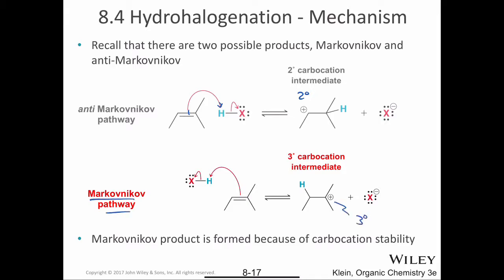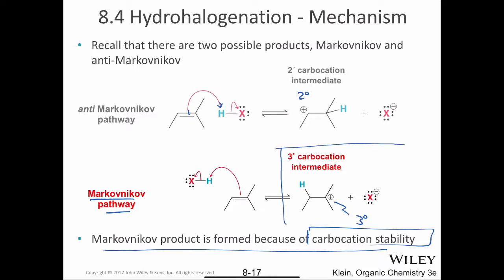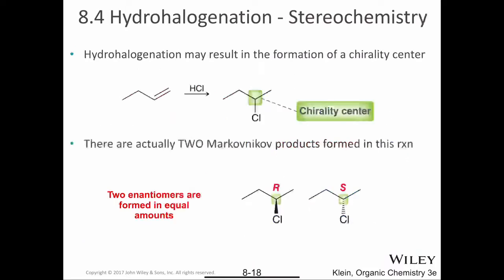So this is tertiary. So the Markovnikov product is formed solely based off of carbocation stability, and a tertiary carbocation is more stable than a secondary carbocation, and this explains why we form the Markovnikov product when we treat an asymmetrical alkene with HX.